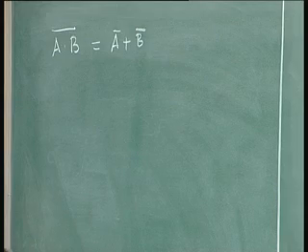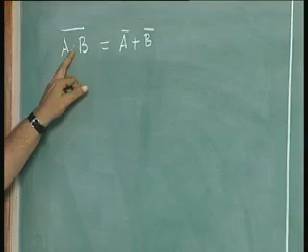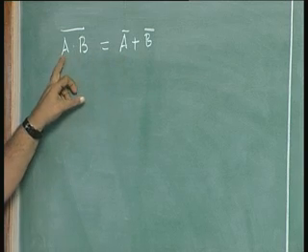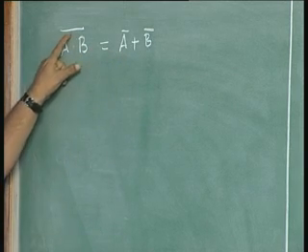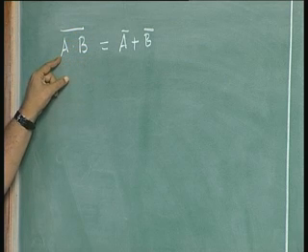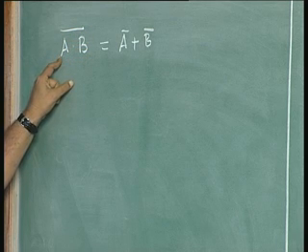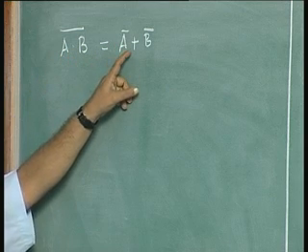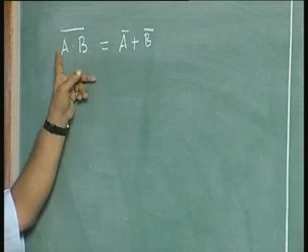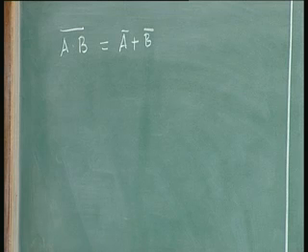OR is considered the complement operation, and so AND operation converts into OR, A converts into A bar, B converts to B bar. So, if you have a function A and B, the complement of that function can be written as the OR operation of complement of A and complement of B.